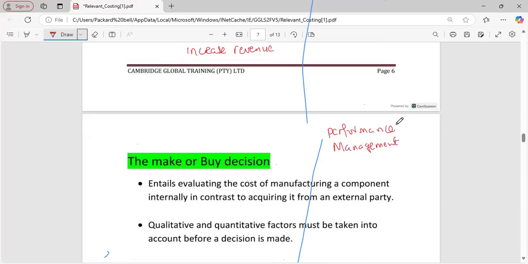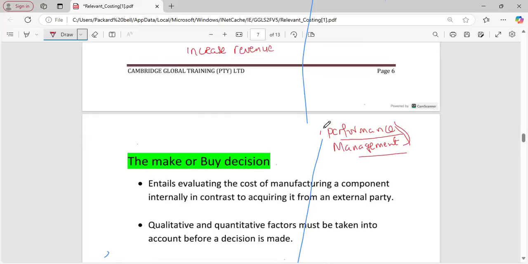I think this will be our last topic. But when you are doing a topic like this, they will ask you a question like, assess whether division A should get a bonus or not.